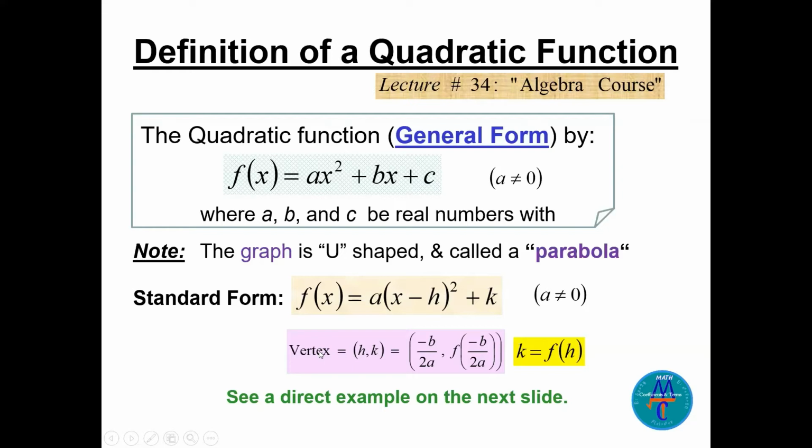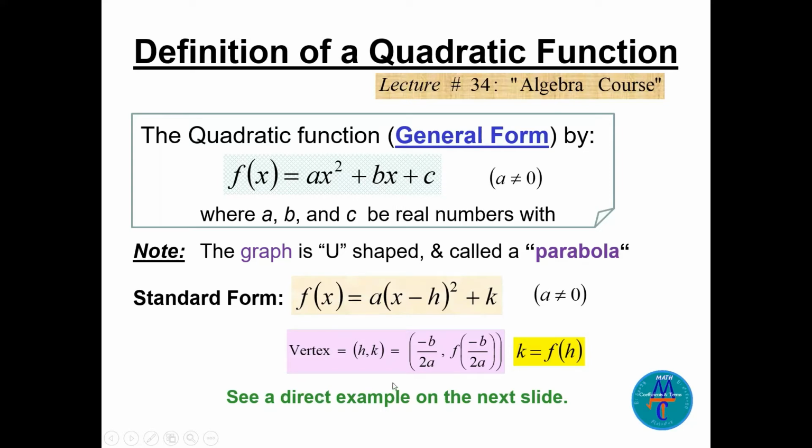So this is the highest point or the lowest point on the graph. We call it vertex. Okay, so h is minus b over 2a, and then the k will be f of h. You replace whatever you get for h in the function here in the general form. So this one we call general form, this one we call standard.